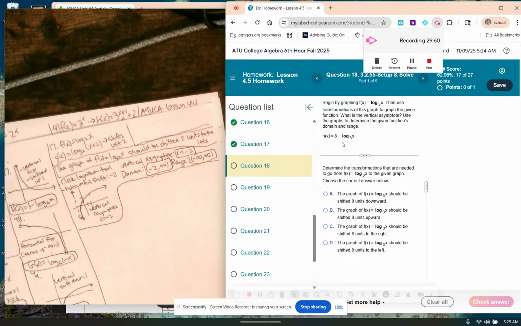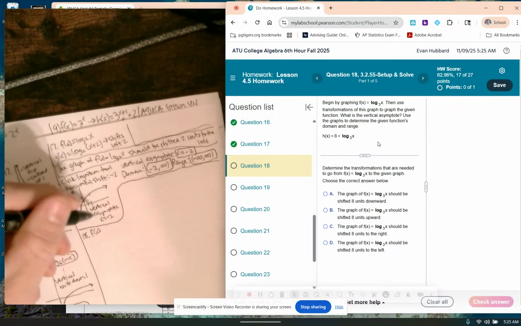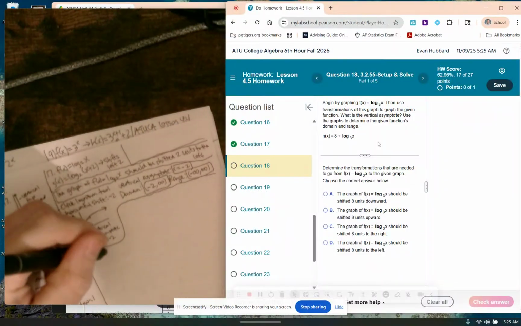All right, 18, we have another graphing one here. On this one we have log base 3. I'm going to write this over here.